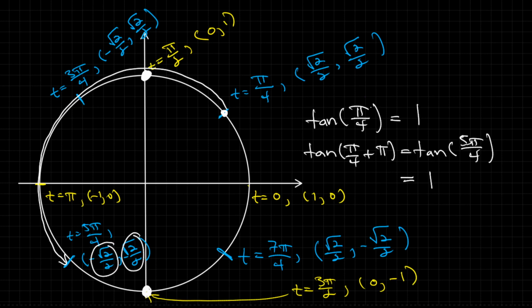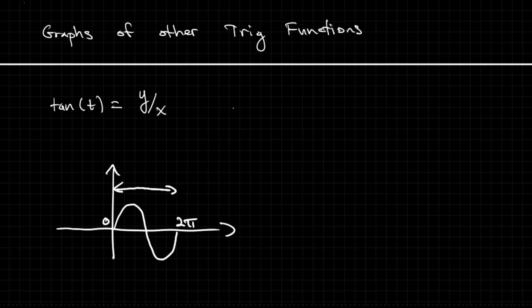And this is true no matter what you pick for this t-value. So whether you pick pi over 4 or pi over 6 or pi over 12, it doesn't matter. If you do tangent of some angle t and then do tangent of some angle t plus pi, you get the same thing. And so the period for tangent of t is pi.